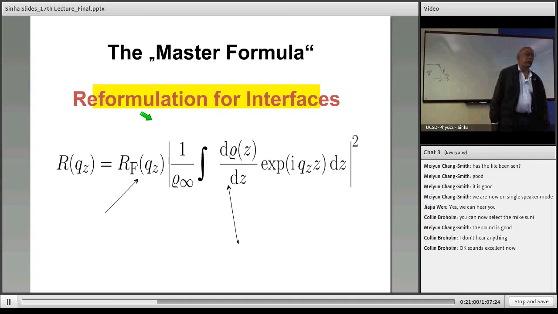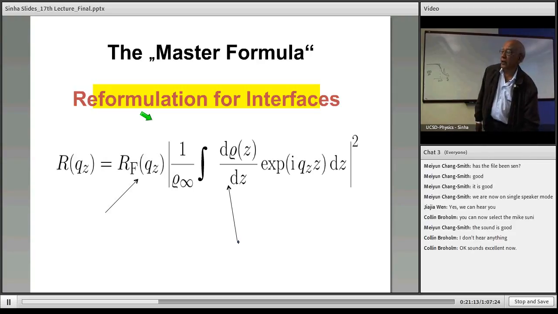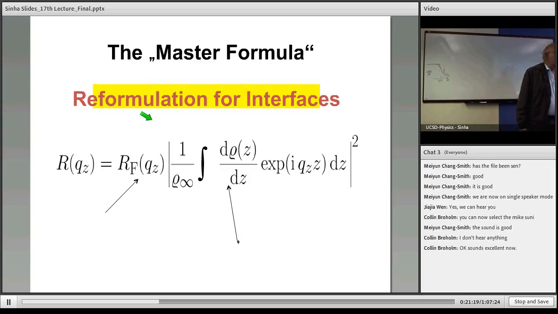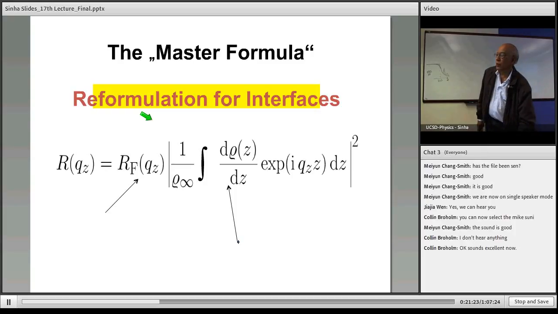But of course, when you get close to the critical angle, the Born approximation breaks down. Nevertheless, by calling this the Fresnel reflectivity rather than the asymptotic form, you still manage to capture to a large extent the features of the actual reflectivity. And so this works over most of the regime that you're interested in.